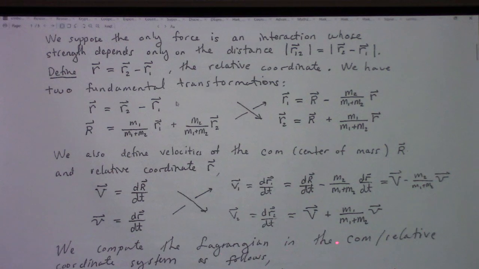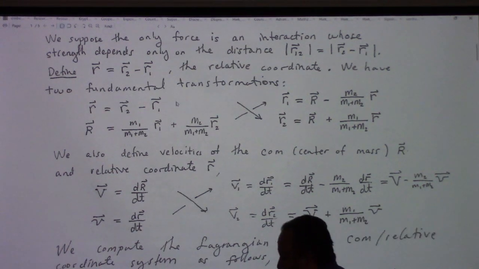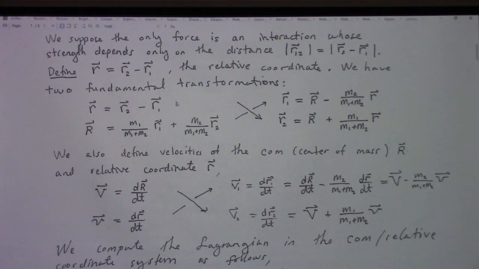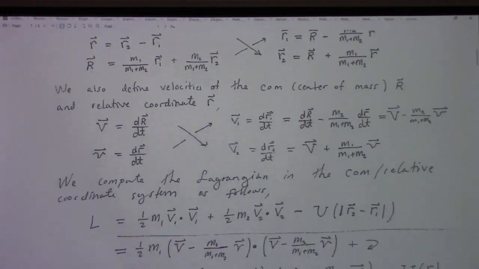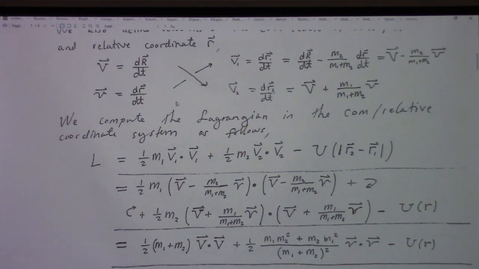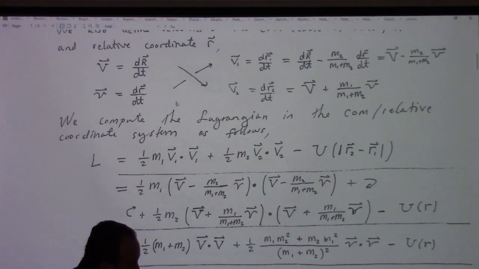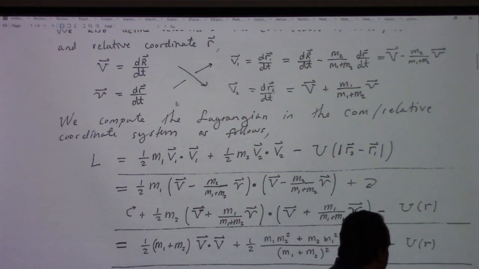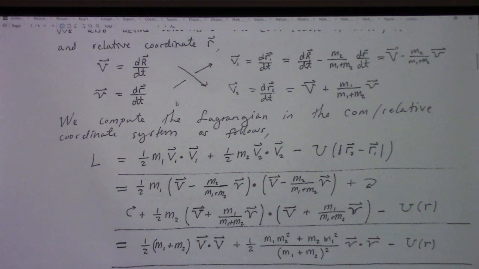Then we can calculate the Lagrangian with respect to either coordinate system. We could calculate it with respect to the initial Cartesian coordinate system, x, y, or we could use the center of mass and relative velocities. So I trade my v1·v1 and my v2·v2, the kinetic energy for the first particle and for the second particle, for this and that.